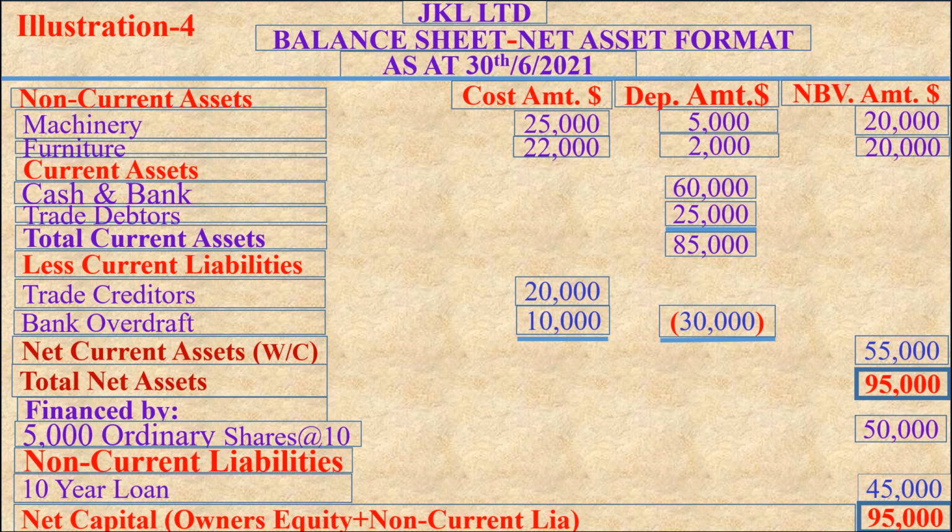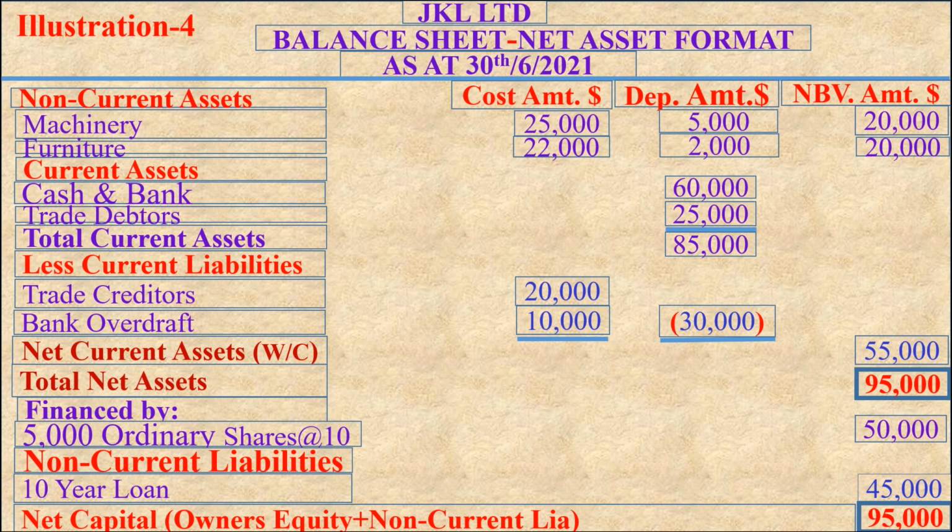This gives us again a total of 95,000, which is equal to the total net assets. That 95,000 we normally call net capital, that is owner's equity plus non-current liability.